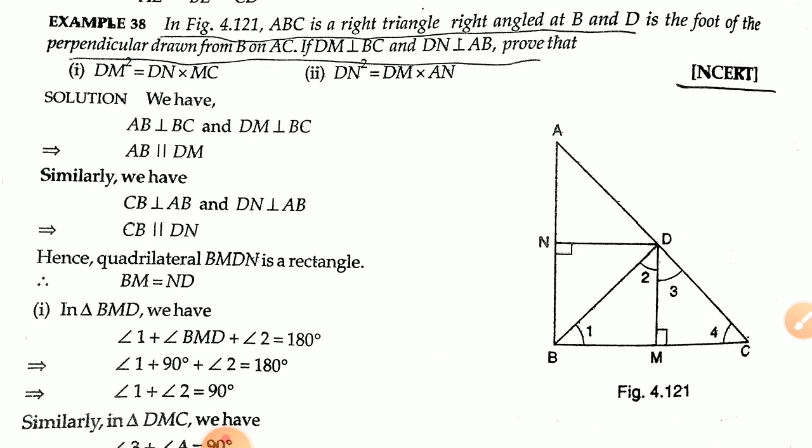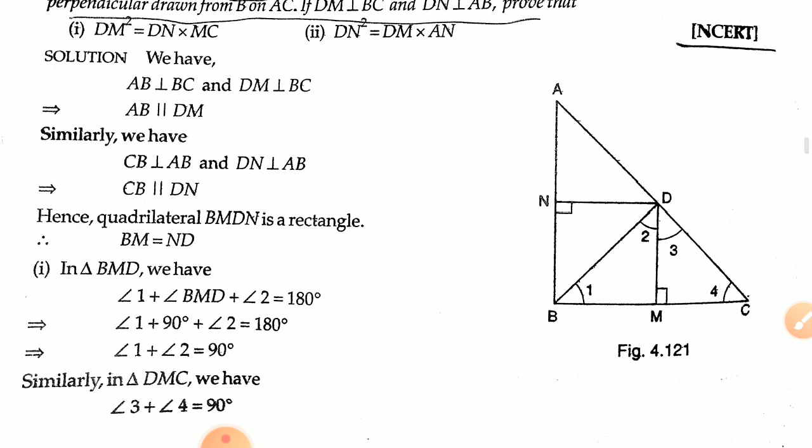Now if DM is perpendicular to BC and DN is perpendicular to AB, then prove that DM square is equal to DN into MC, and second DN square is equal to DM into AM.